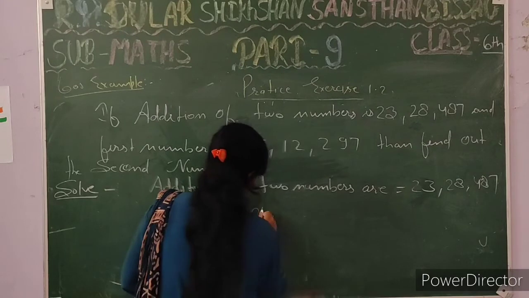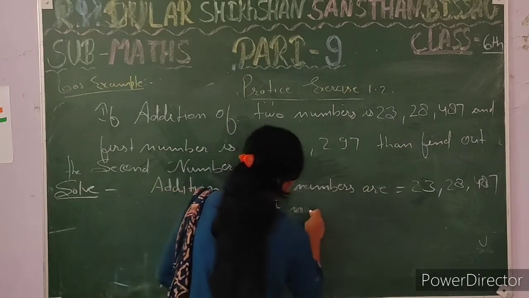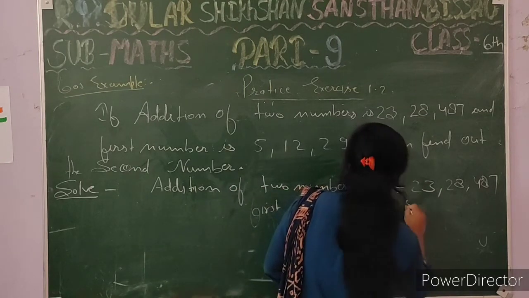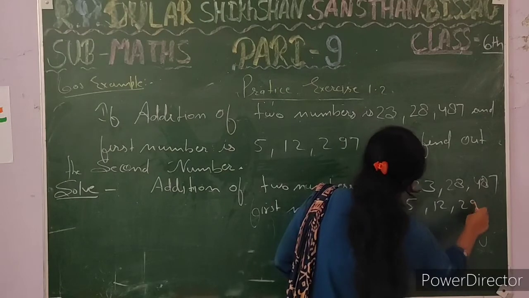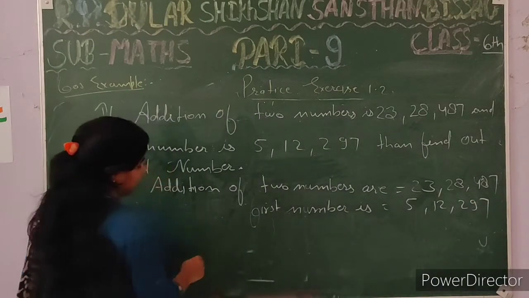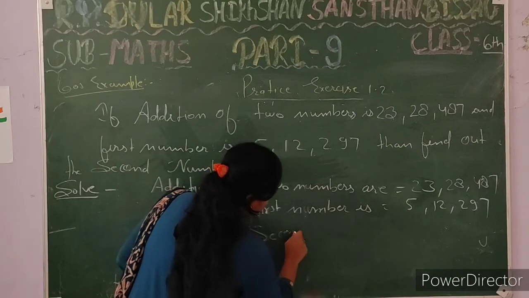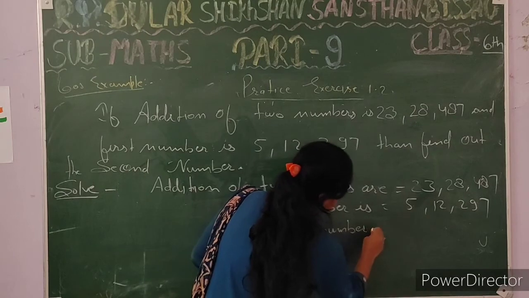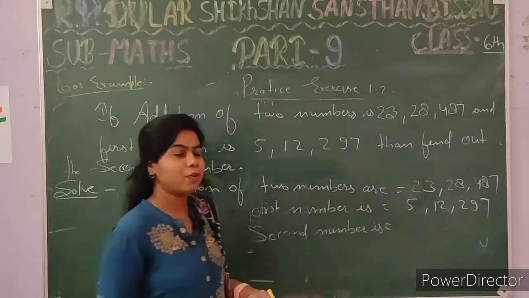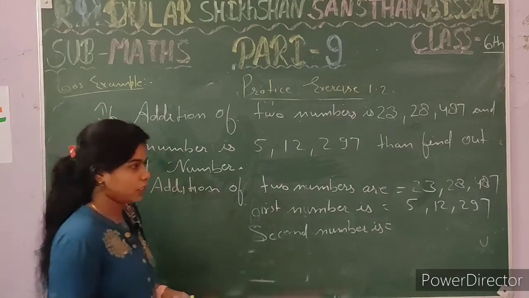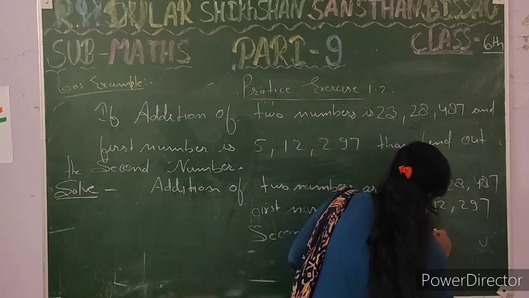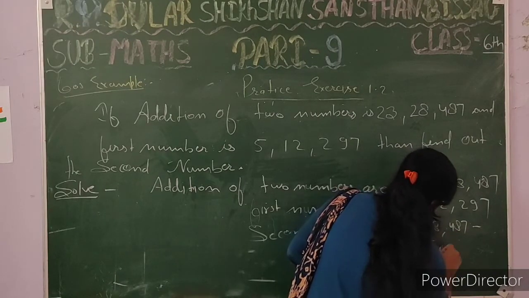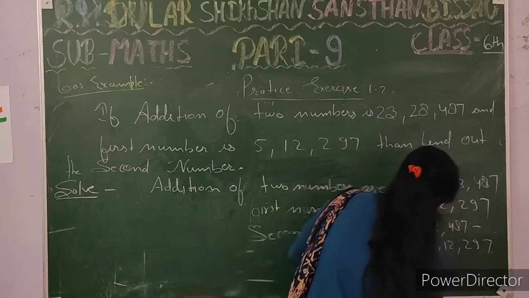Then we write: first number is 5,12,297. Then the second number is what we find by subtraction. So I write here 23,28,487 subtracted by 5,12,297.